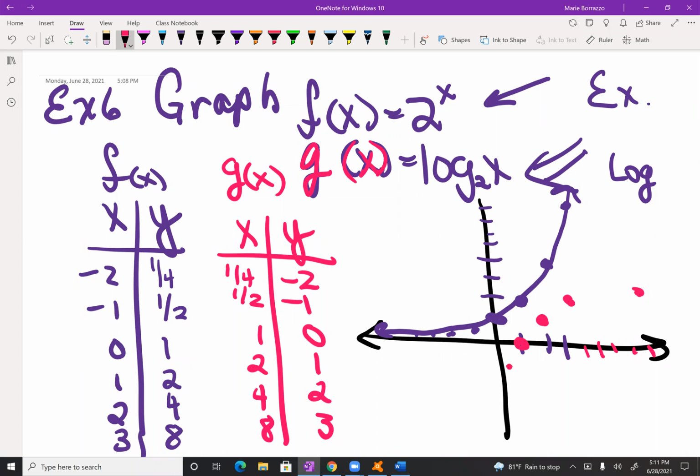Coming down this way, I'm losing ground. And so this is going like this. These are the two inverses of this. And the line y equals x is always going to be like my slant asymptote. It's going to sit between these two guys. Just remember that they are inverse functions of each other, the exponential and logarithmic.